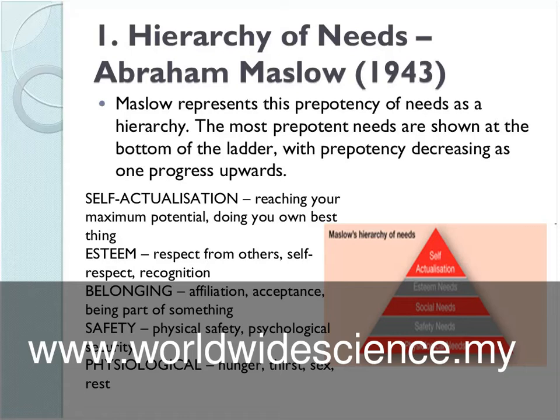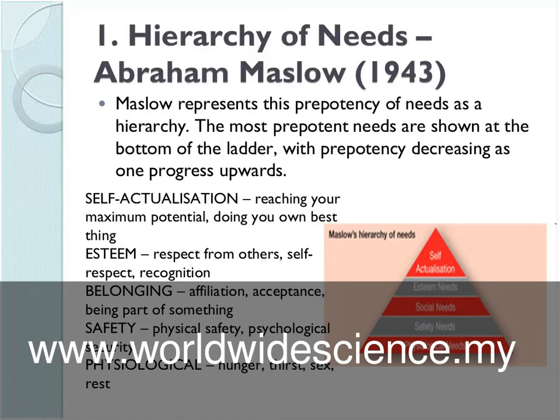Next, the third one, the belonging needs. Here we can see affiliation, acceptance, being part of something. This means that any organization makes individuals feel a part of the bigger picture by providing rewards and opportunities for everyone to work, to study, to learn, and to develop.